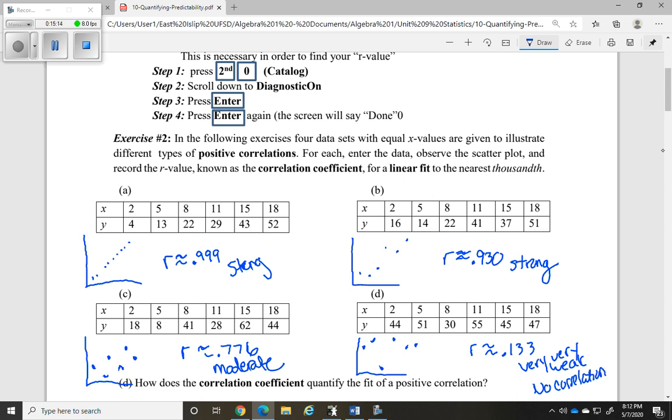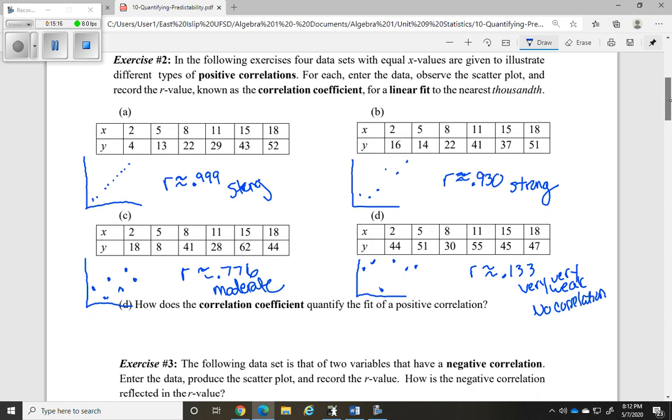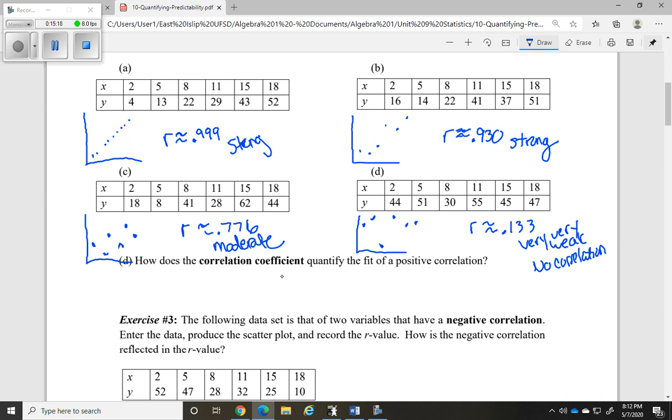I would really consider this a no correlation. So close to zero. So how does the correlation coefficient quantify the fit of a positive correlation? And what I would say is that the closer it is to 1, the better the fit.